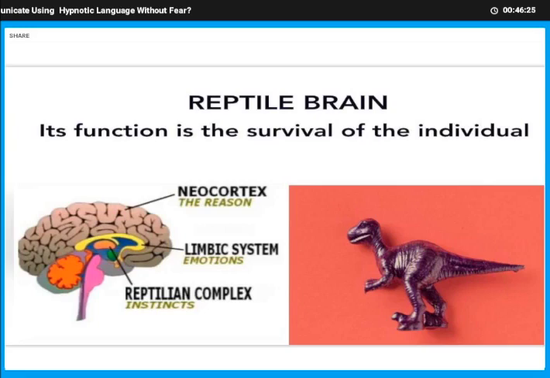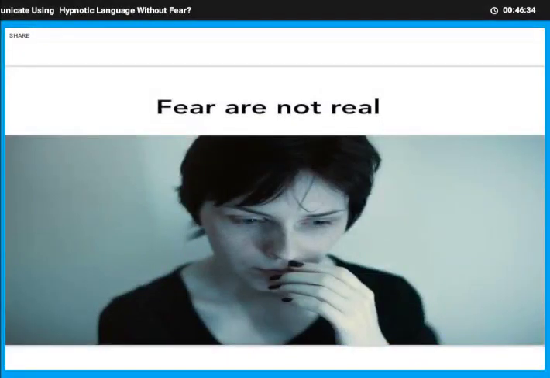Now, in every conversation we have, we are always trying to save ourselves from possible dangers. However, most of those dangers, or fears, are not real. Okay? Most of the fears are not real. So let's understand the story of one of my clients called Chris. Chris is a financial consultant and he faced a lot of rejection.